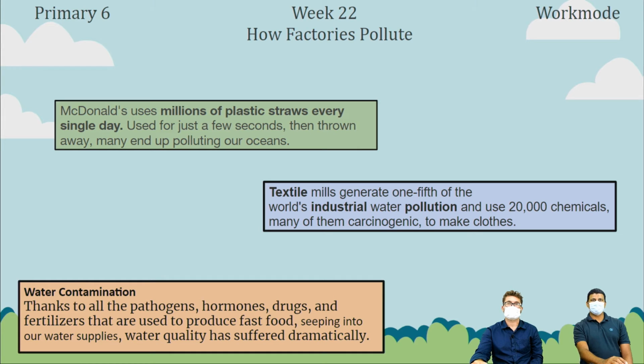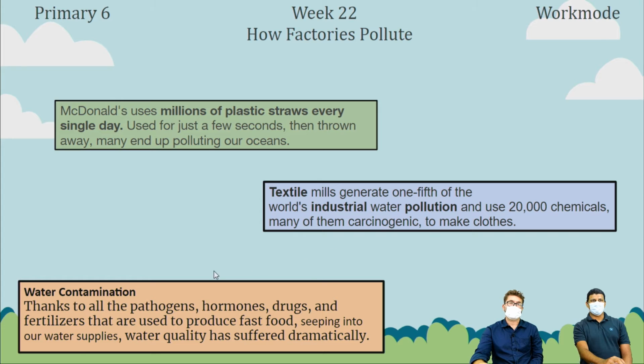Besides straws, textile mills, textile being clothes, they generate 1/5 of the world's industrial water pollution and use 20,000 chemicals, many of them carcinogenic. Carcinogenic means something that causes cancer, okay? So all the t-shirts, all the clothes that you wear have a lot of chemicals used.